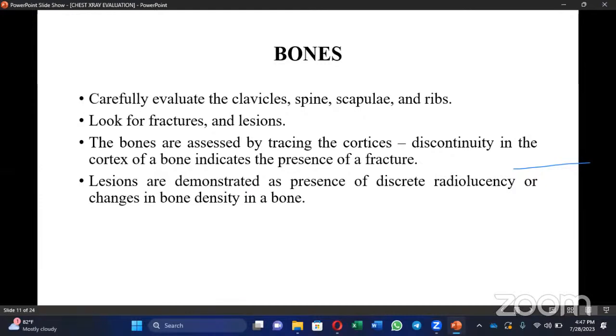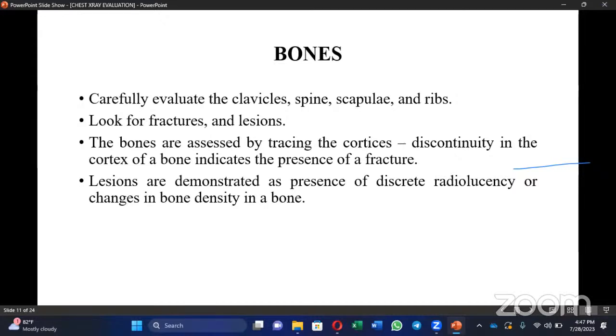It is very important to evaluate the bones. Why? Because we look out for fractures and lesions that can occur within the bones. So we check whether there is a fracture within the bones or other pathologies affecting the bones.